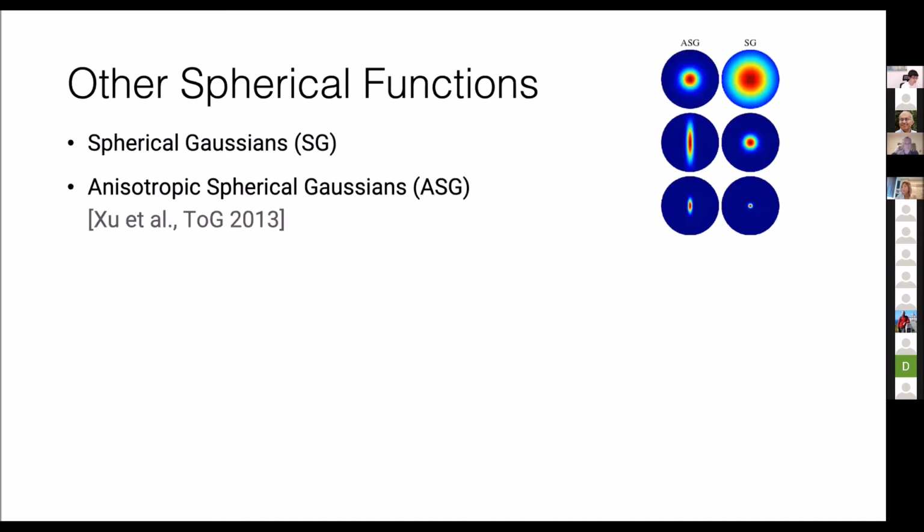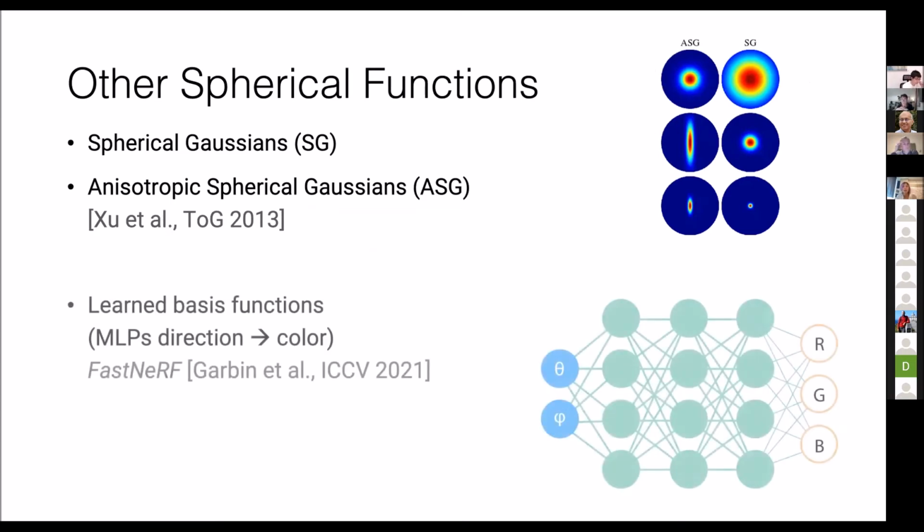You could have used other spherical functions like spherical Gaussians or anisotropic spherical Gaussians. We actually played around with the spherical Gaussian and found similar performance with spherical harmonics. Other works could also learn a basis function on your own. This is what FastNeRF does, which is a concurrent work, but once you start learning basis functions, that basis function is very specific to that scene because you're always overfitting to the scene.